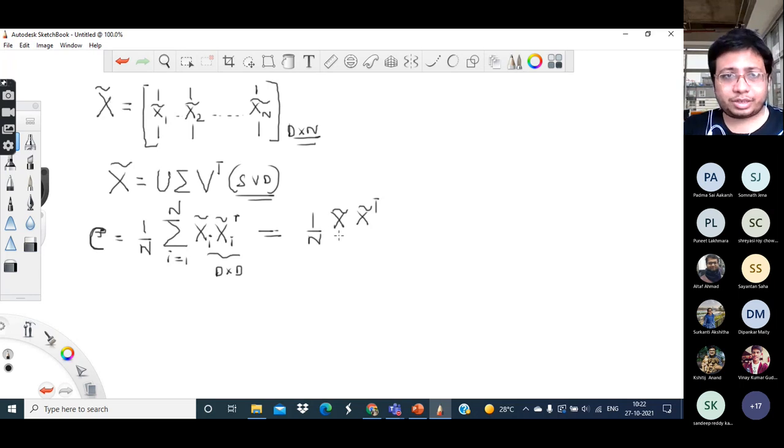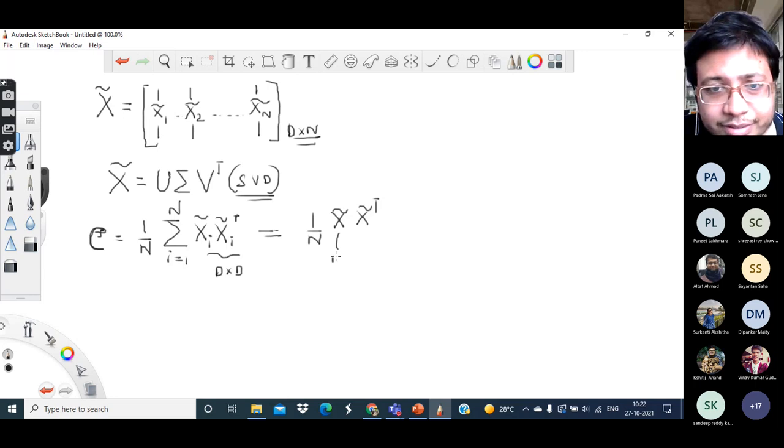So this is a D cross n matrix, and this is an n cross D matrix.